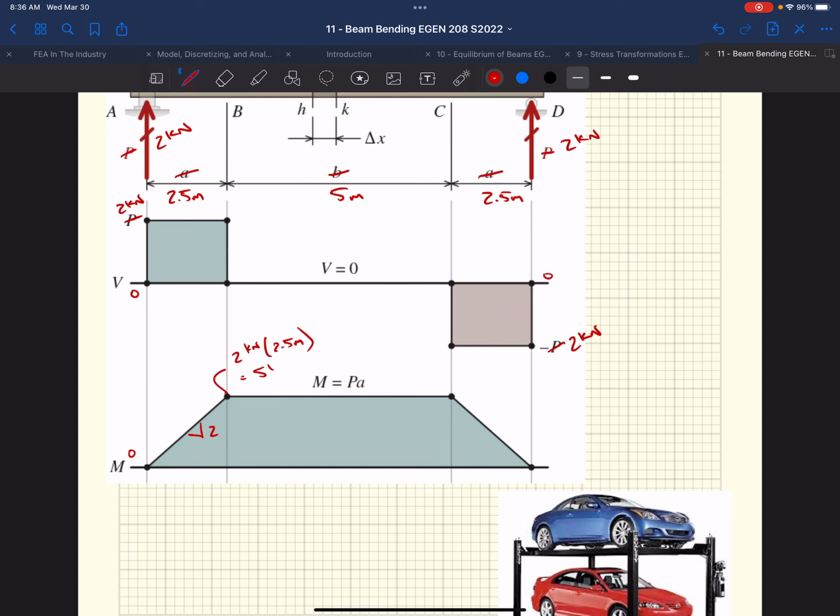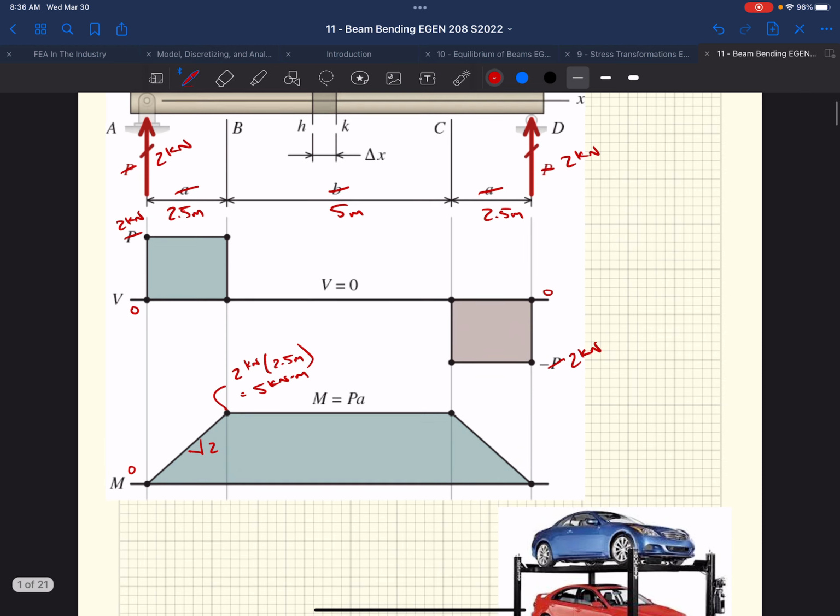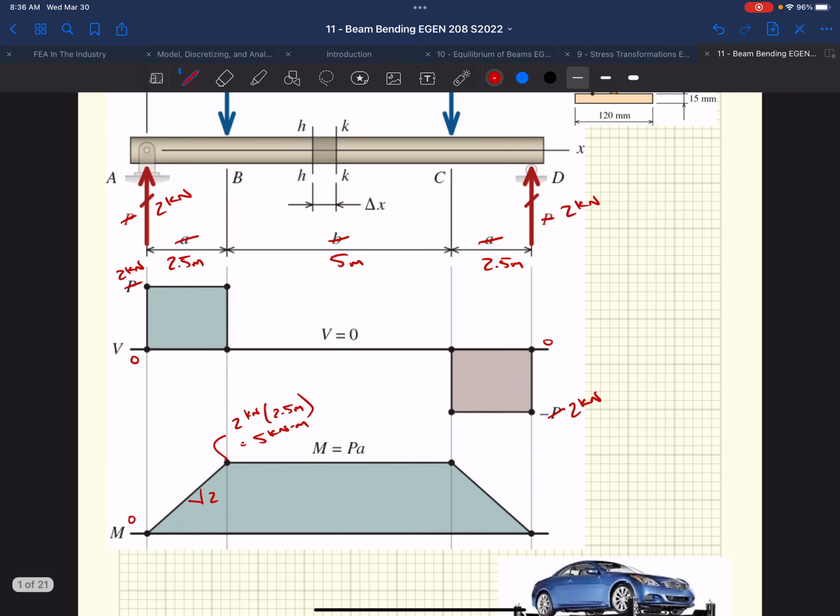We get 5 kilonewton meters. Our shear diagram goes to 0. Right? We do not add or subtract any moment, so we're just going to have a constant moment. So we get to the other end. This area obviously is the same as this area, so we're going to close this out. We're going to go back to 0. That's what I'd expect. There's 0 moment on the end of this member.